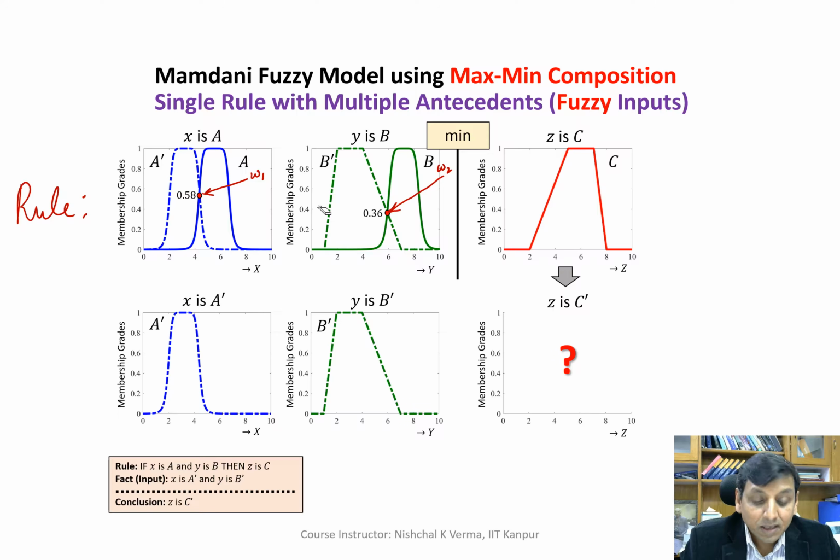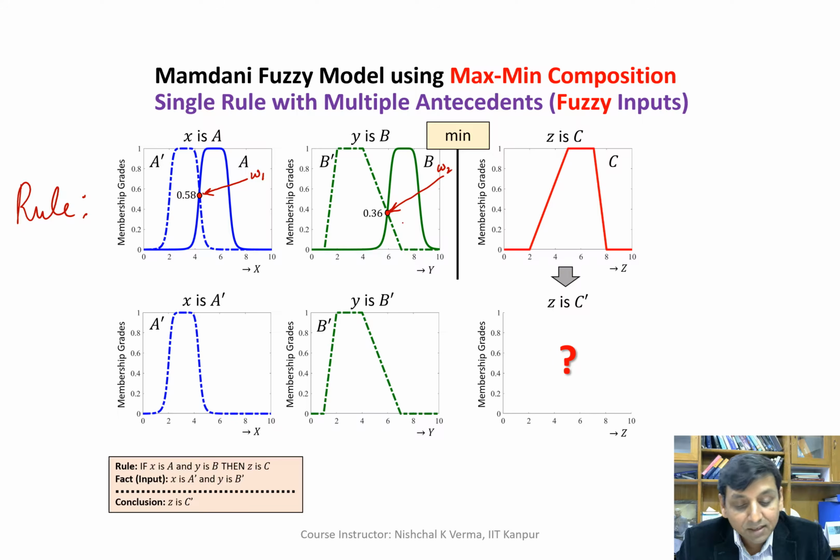Now if we apply max min composition, we take the min of these two. The min of 0.58 and 0.36 is obviously going to be 0.36.